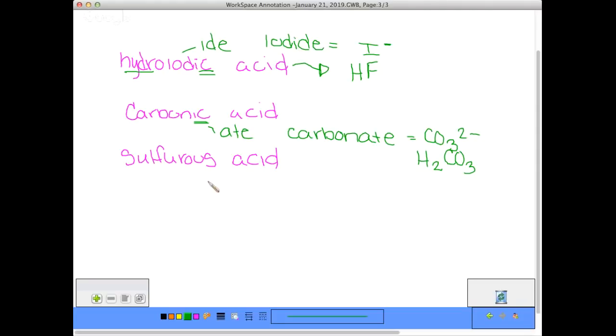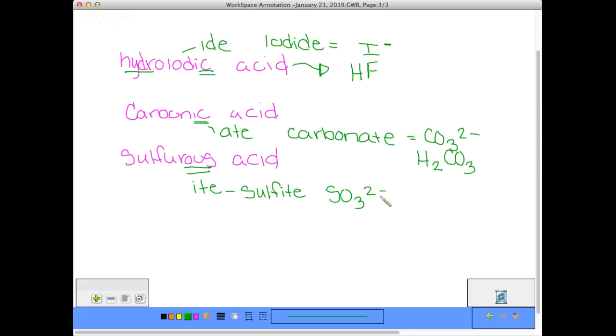All right, and sulfurous. So sulfurous, the ous comes from ite. So this comes from sulfite. And sulfite is, whoops, hold on. It's not that. Sulfite is SO3 with a 2-, I want to say.